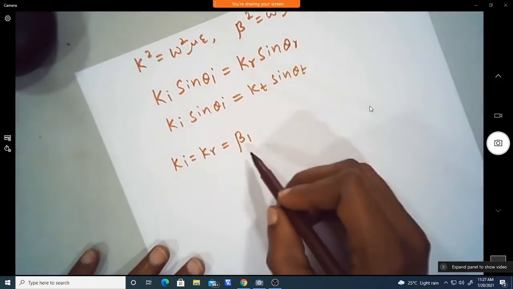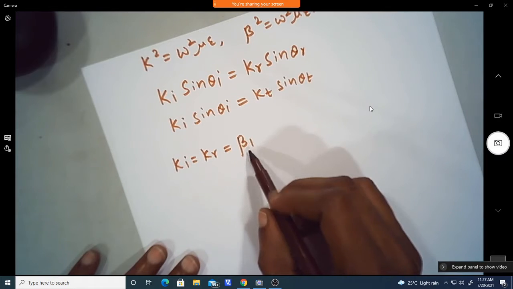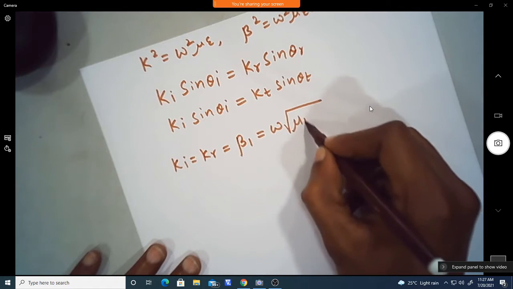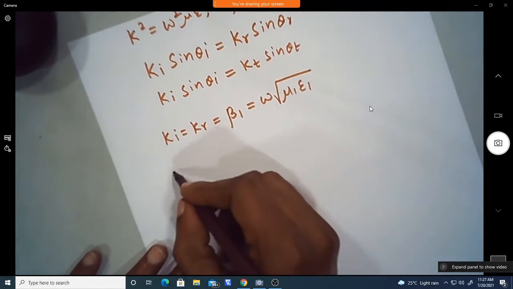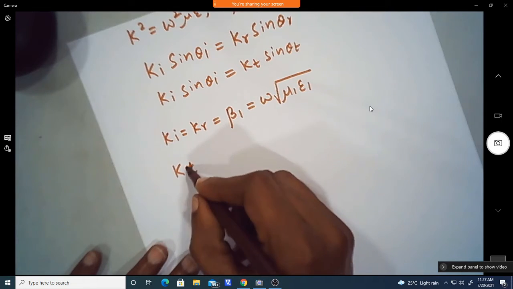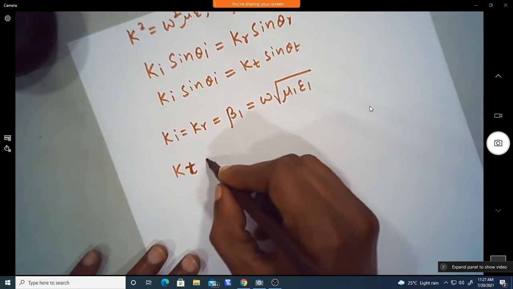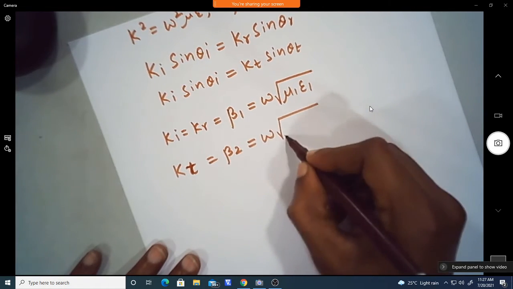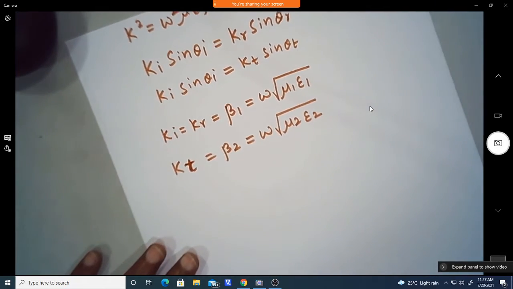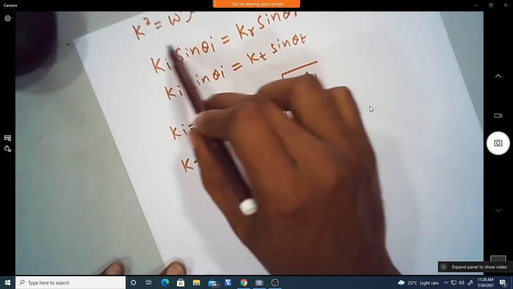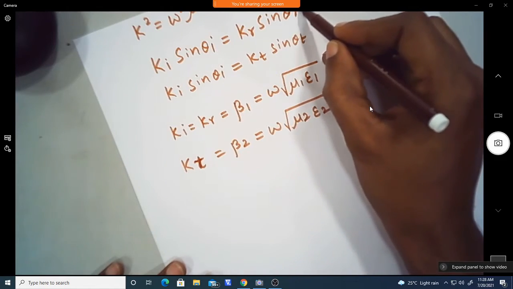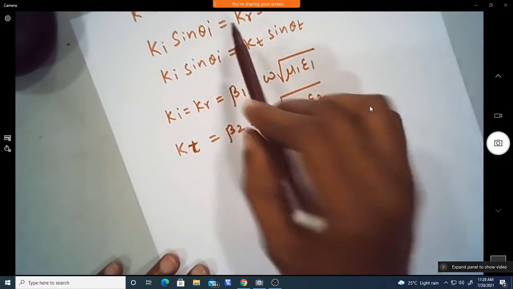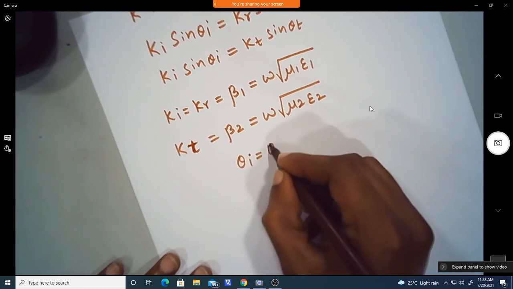Since omega is the same for both media, we can write it as omega square root of mu 1 epsilon 1. Similarly, the transmitted propagation vector kt is in medium 2, so it is beta 2, which we can represent as omega square root of mu 2 epsilon 2. Now if you take this equation and equate, since ki and kr are equal, we get theta i equal to theta r.